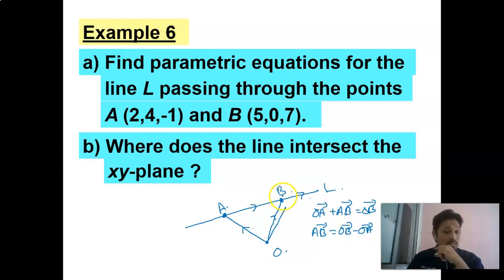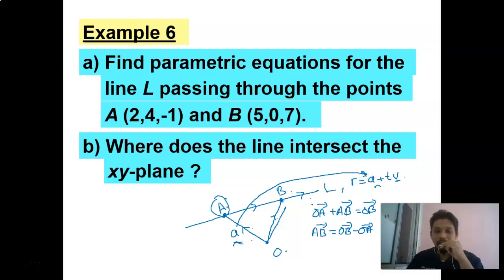So now class, we're going to find the equation of the line L. As we know, the equation is r equals a plus t times a direction vector v. In this case, we can use the coordinates of A, or the vector from O to A, to represent a here.